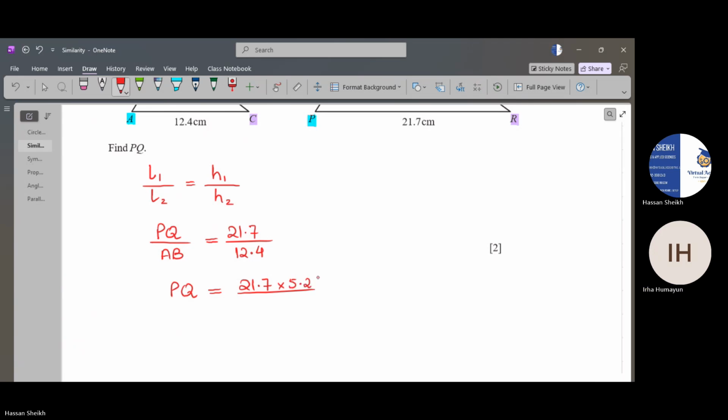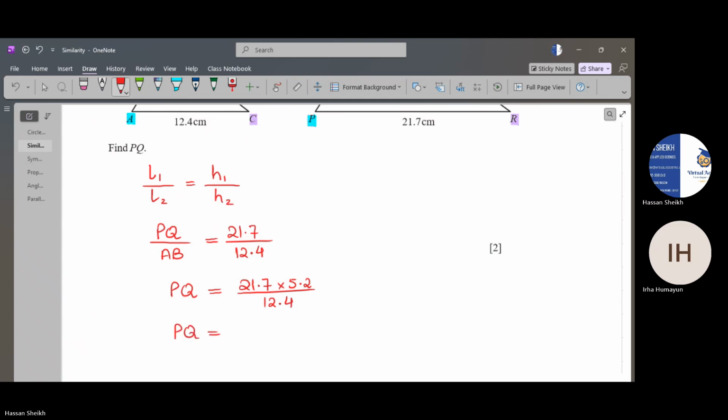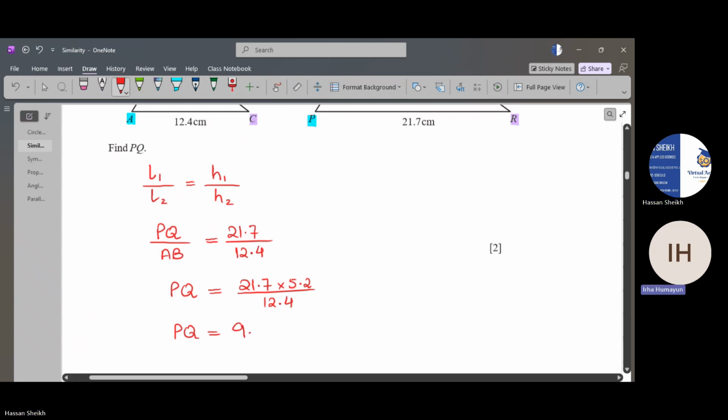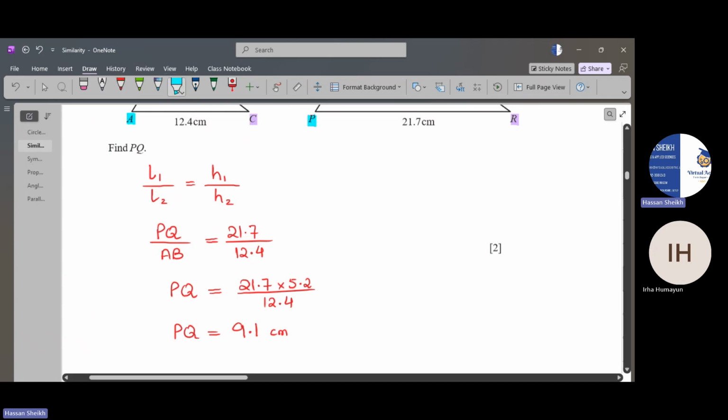Yes. Now we use the calculator here. So PQ is equal to 21.7 multiplied by 5.2 divided by 12.4. I got 9.1. Do you have your calculator with you? Yes, sir. Cross check my answer.